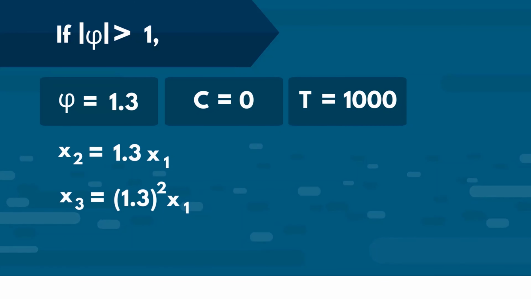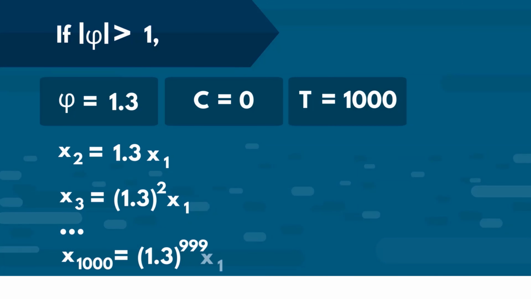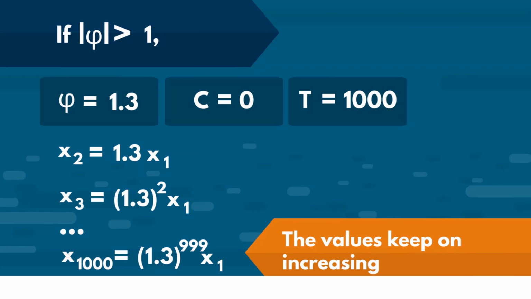Then, as more periods accumulate, the more the coefficient increases. When we get to the 1,000th period, we would have x 1,000 equals 1.3 to the power of 999 times x1. This implies that the value keeps on increasing and ends up much higher than the initial one. Obviously, not a reliable way to predict the future.